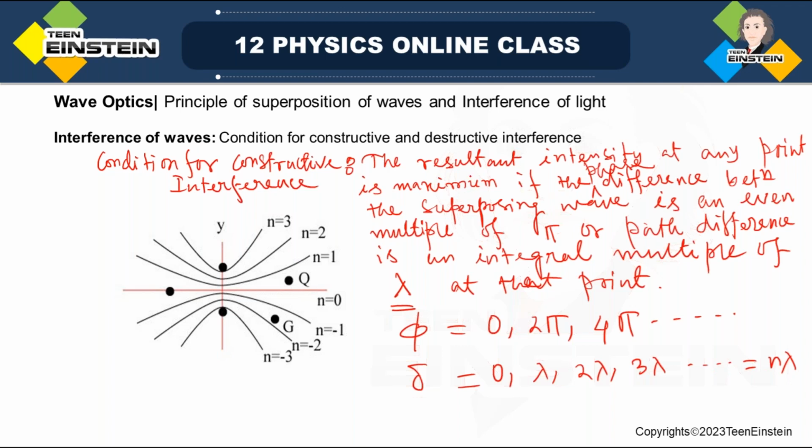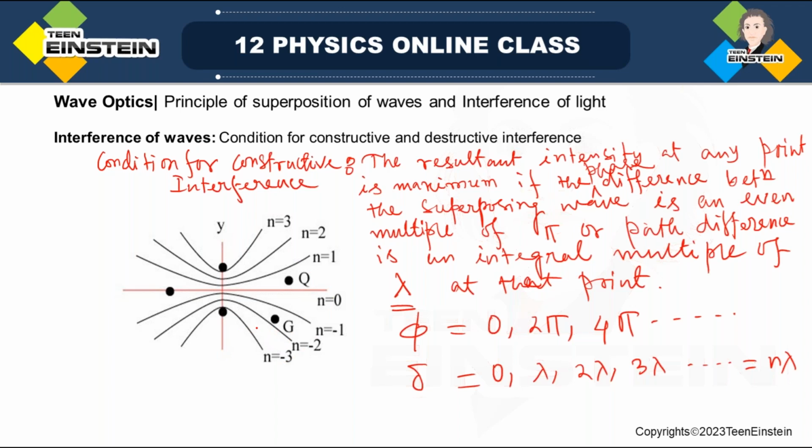See here in this figure, the locus of the points on which you will see the maximum intensities has been shown according to path difference. In terms of path difference, this is intensity. Look at how it looks.